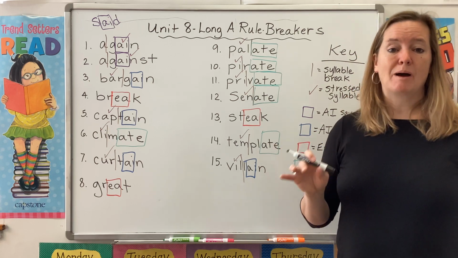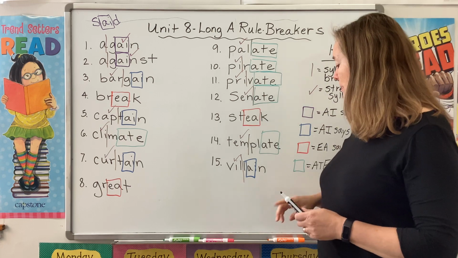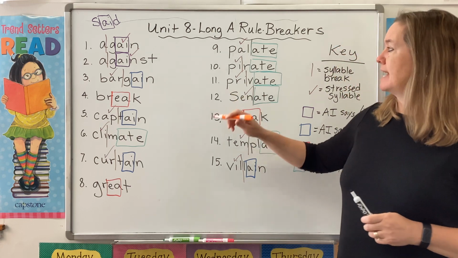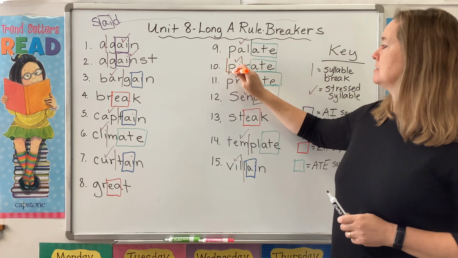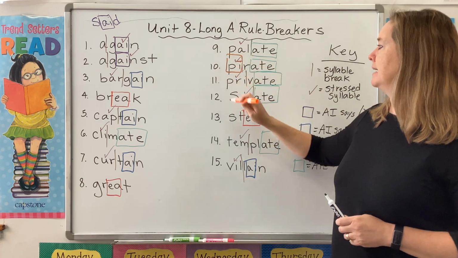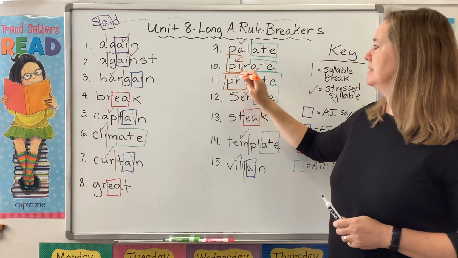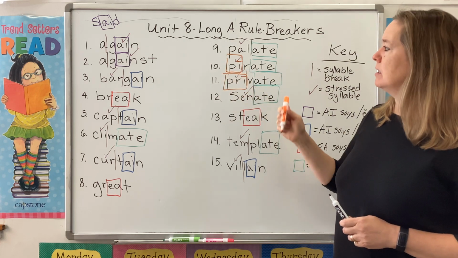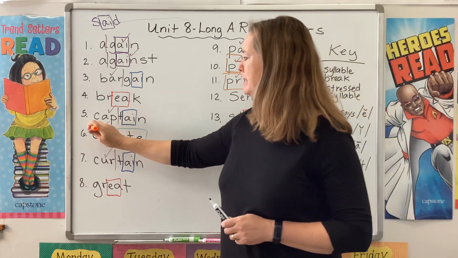Last week we talked about open syllables with A, but I just want to draw your attention to a couple words here in our stressed syllable. We have pirate with the long I and private with the long I. And climate.